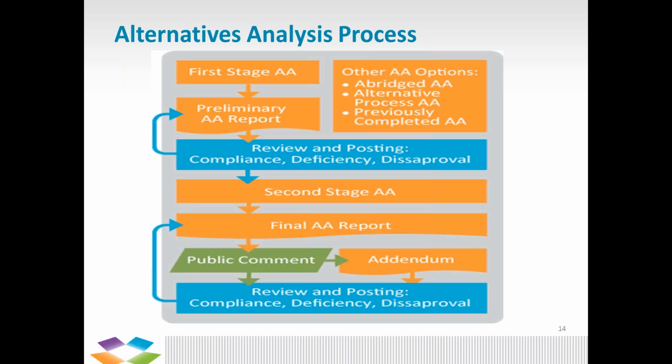People will be able to look at them. The regulations provide a public comment period, and then we'll look at those and decide if the responsible entity needs to respond to any of those comments. So it's a very public vetting of the AA process and ultimately the department will then decide if there's a regulatory response that's needed.